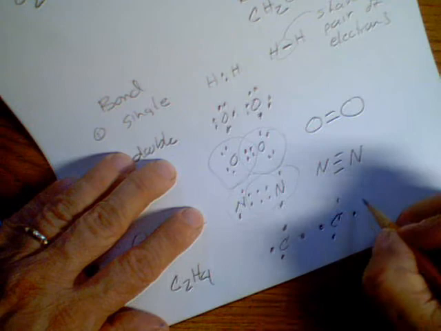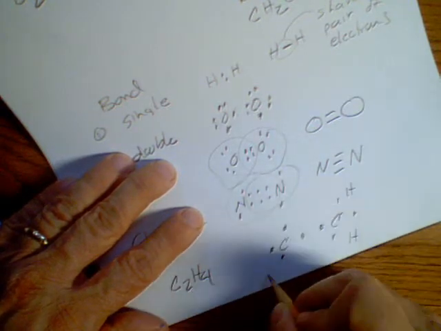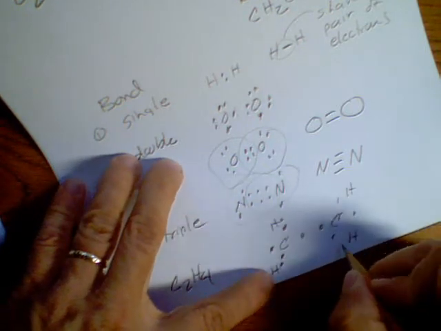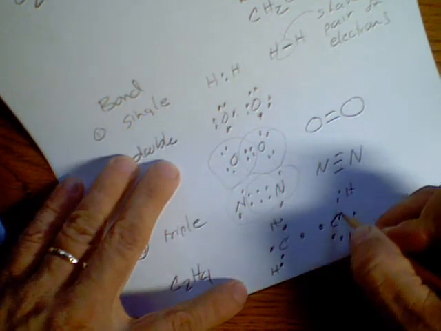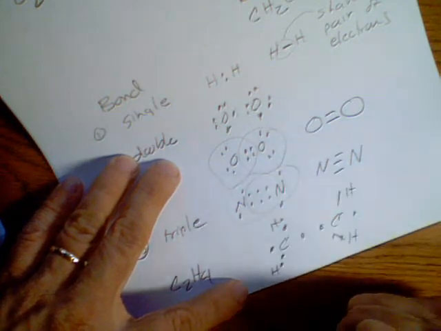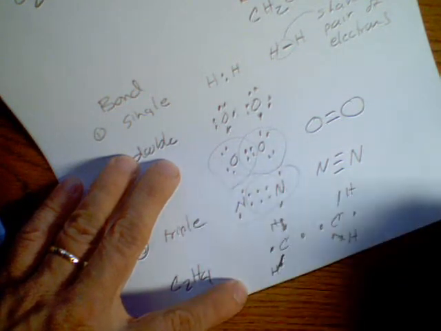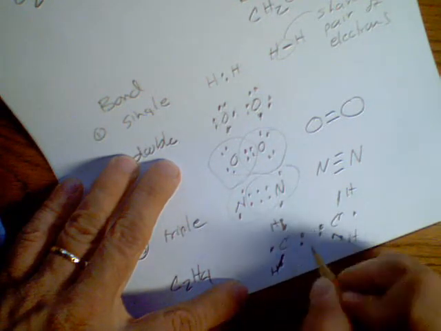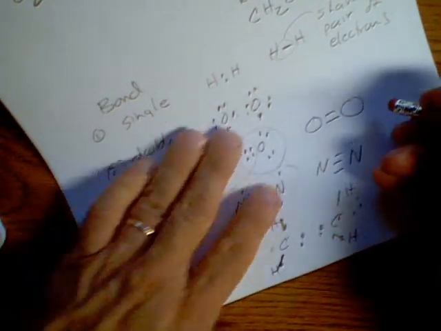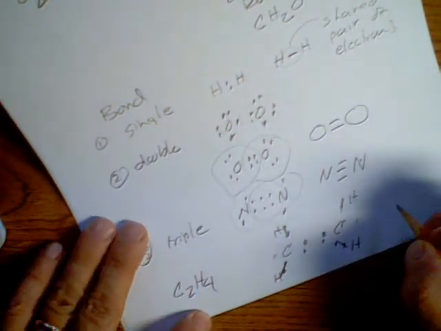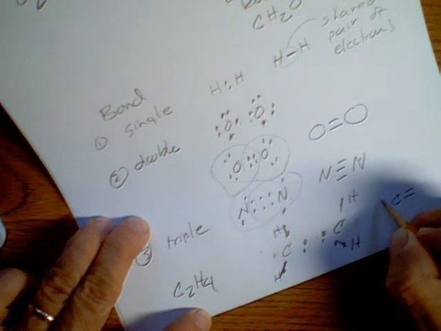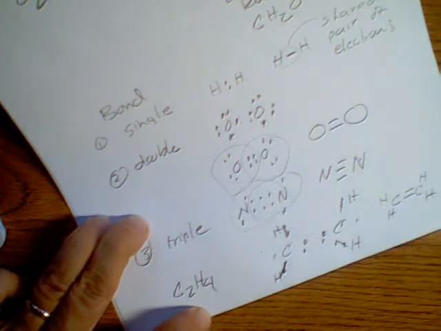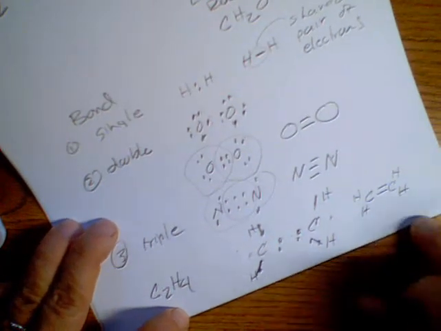And we have 4 hydrogens, so 1, 2, 3, 4, and the hydrogens will each bring an electron for a shared pair of electrons. So we have a shared pair, a shared pair, a shared pair. Those are single bonds, and then these remaining electrons will form a double bond.